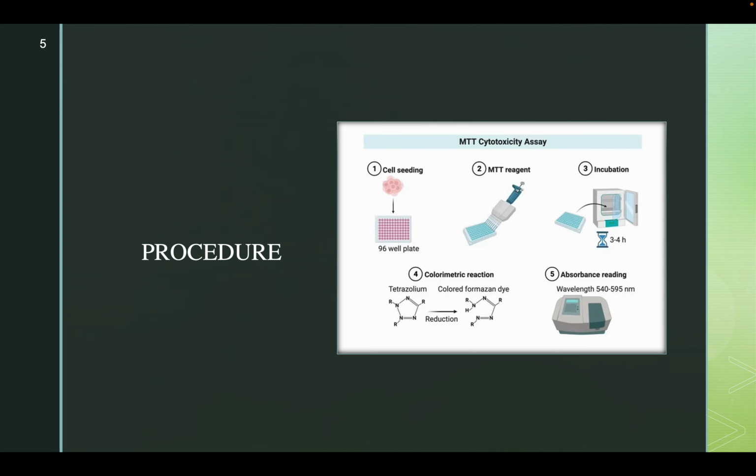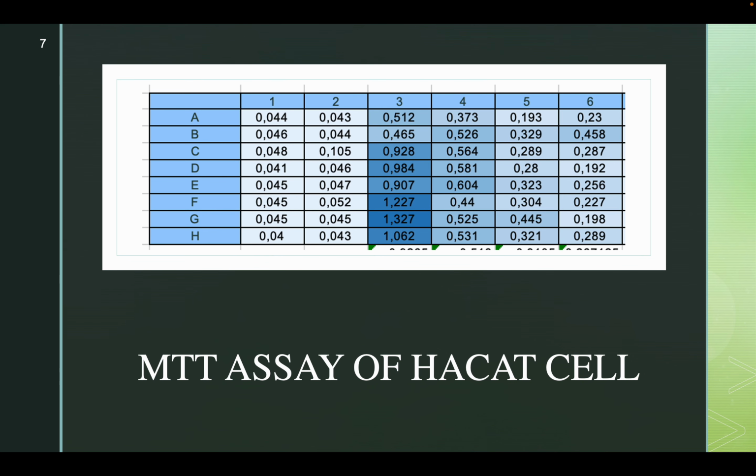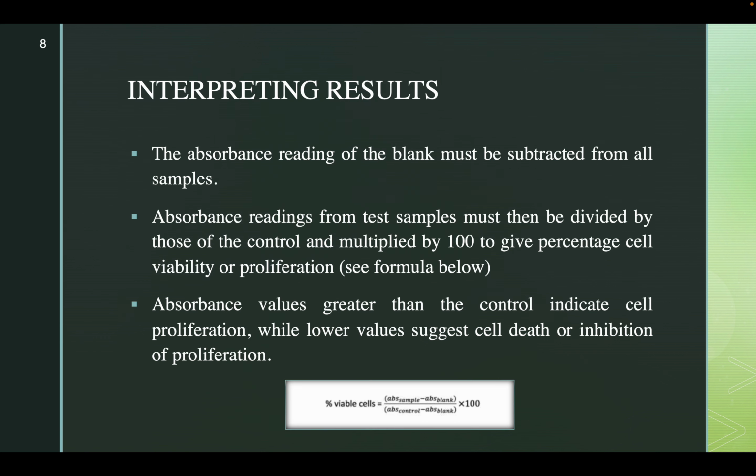And after using the wavelength to read, you will have the result like this. And how do we deal with it, and how can we calculate the percentage of cell viability?